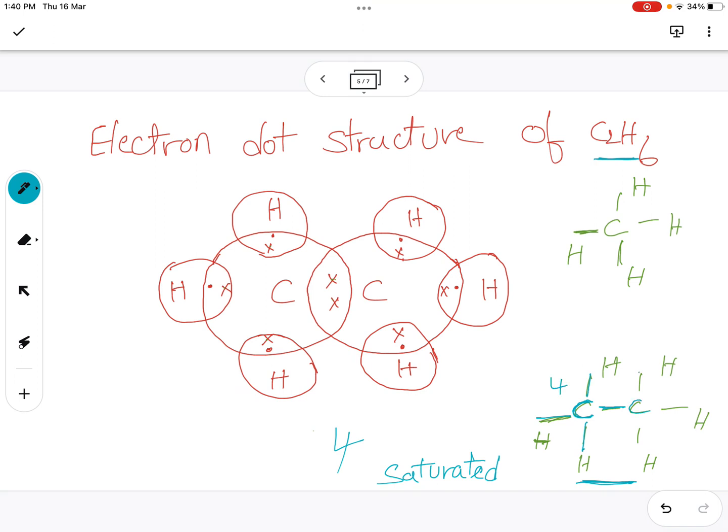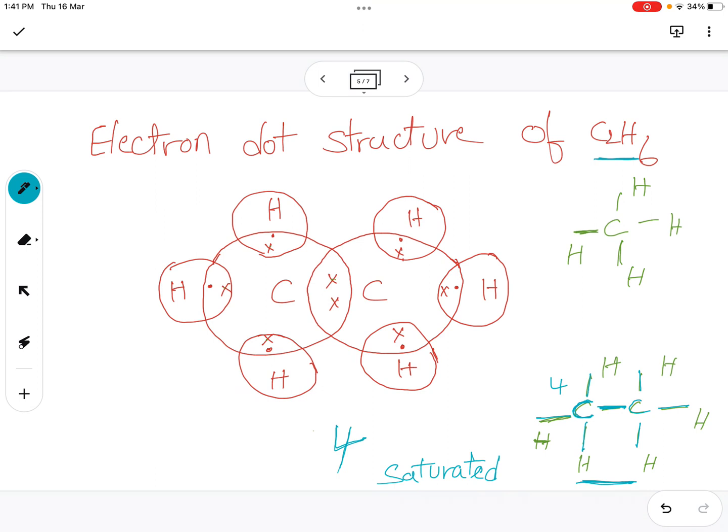Always carbon should form 4 bonds with other atoms.